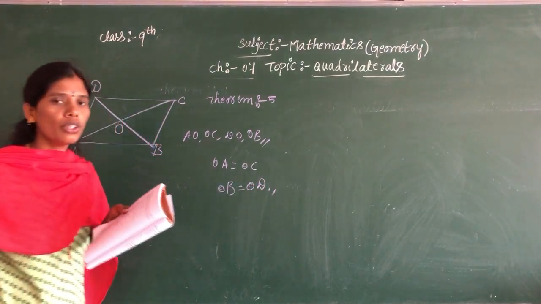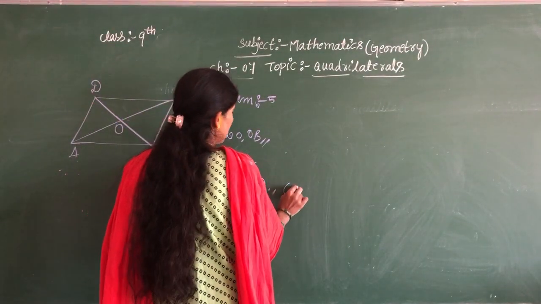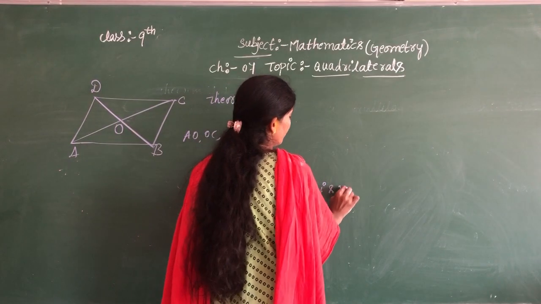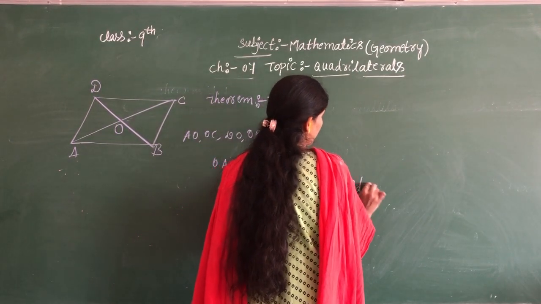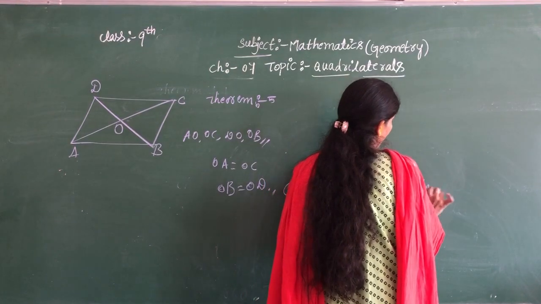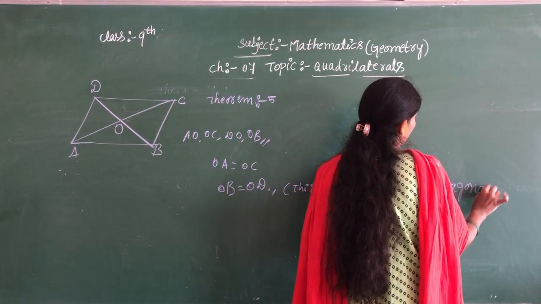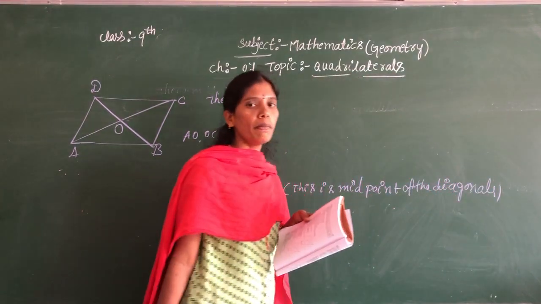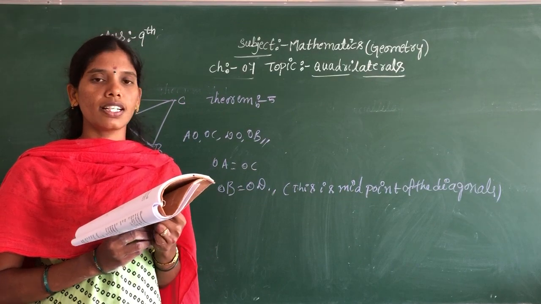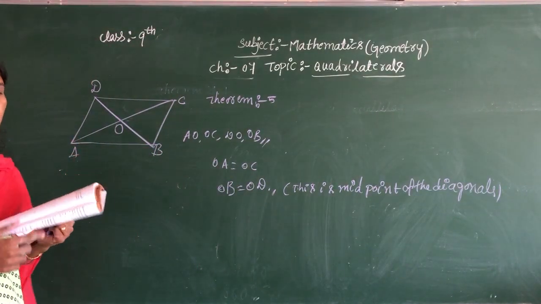So O is the midpoint of the diagonals. Reason: the diagonals of a parallelogram bisect each other. Okay, have you understood children? Only one point is extra, that this is the intersecting point.